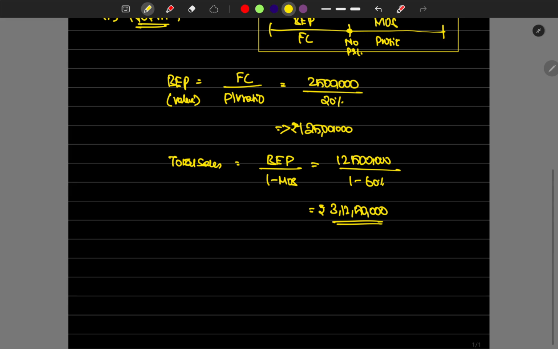Then what we have to calculate is the total contribution. How can we calculate the total contribution?